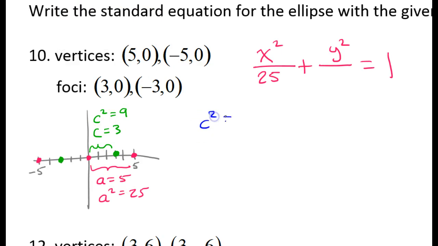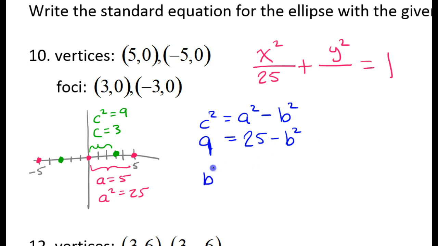We know that c squared is equal to a squared minus b squared. So 9 will equal 25 minus b squared. All right, I'm going to switch the b squared and the 9 by adding b squared and subtracting 9.